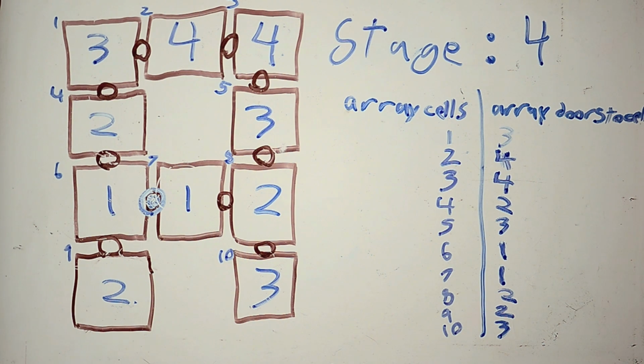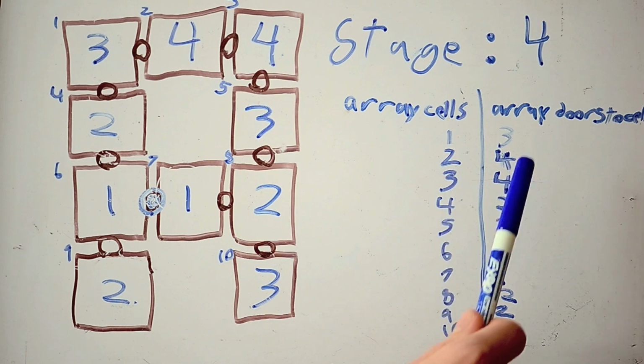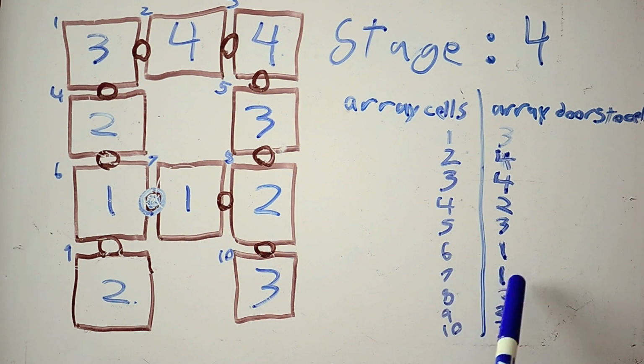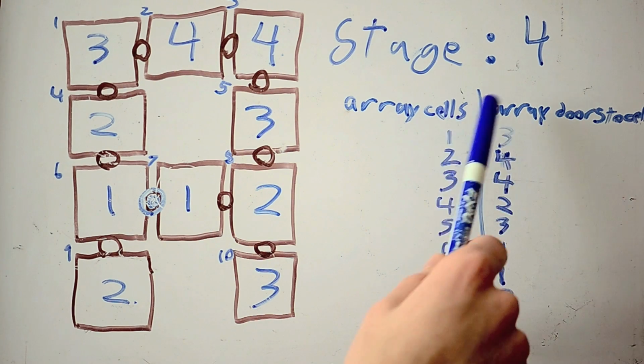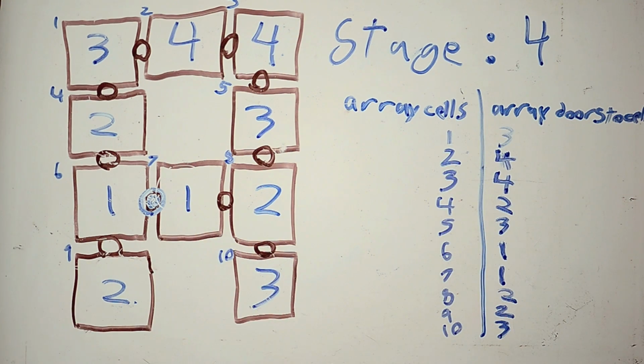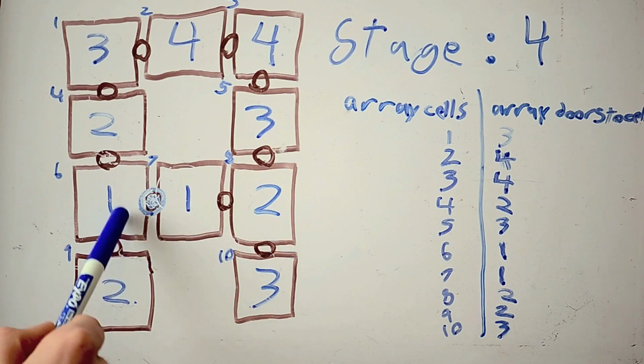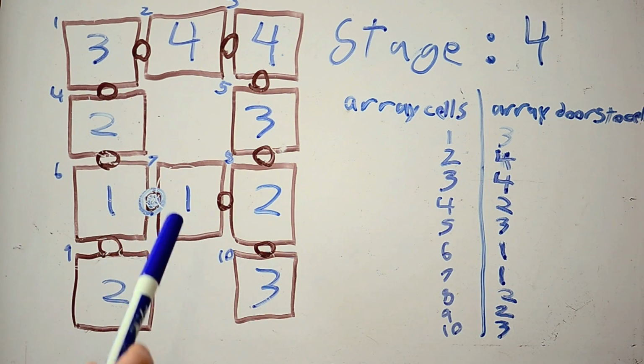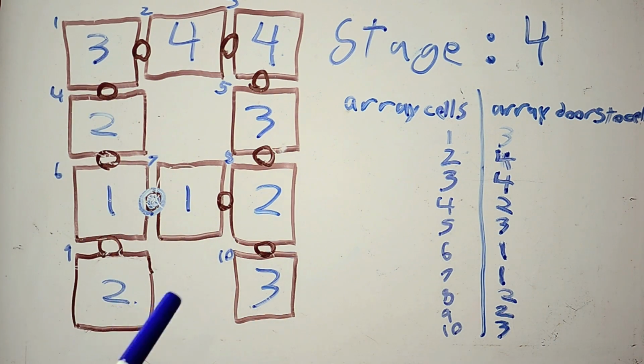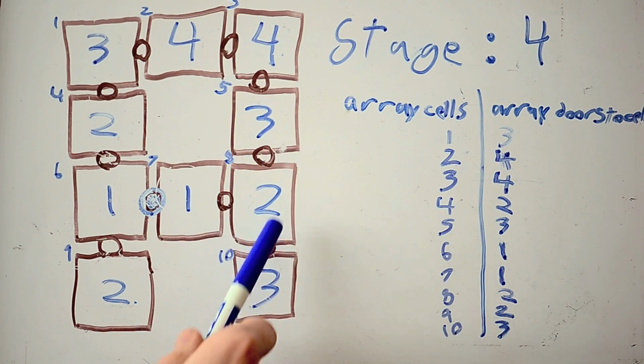So yeah, that is the basic logic of how we are going to set up these two arrays that synchronize with each other and save the number of cells that you have to go through to get to each door. And remember, we were looking at this door here, so we would have to do the exact same process, or rather Unity and the script will have to do the exact same process for each of the doors.